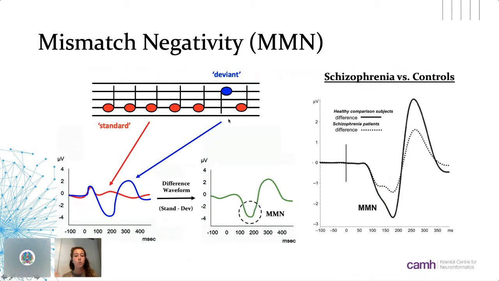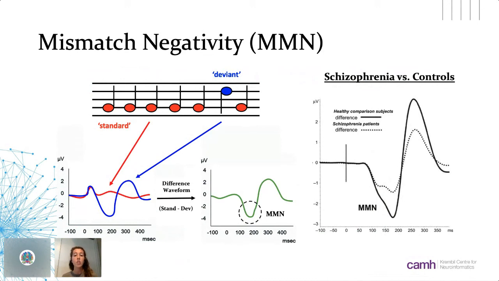This can differ in frequency or duration, and this deviant causes a negative waveform, typically between 150 to 200 milliseconds post-stimulus. The MMN is calculated by taking the difference between the standard and the deviant ERP, as shown in green. And the MMN can be viewed as a prediction error signal, or signal of surprise.